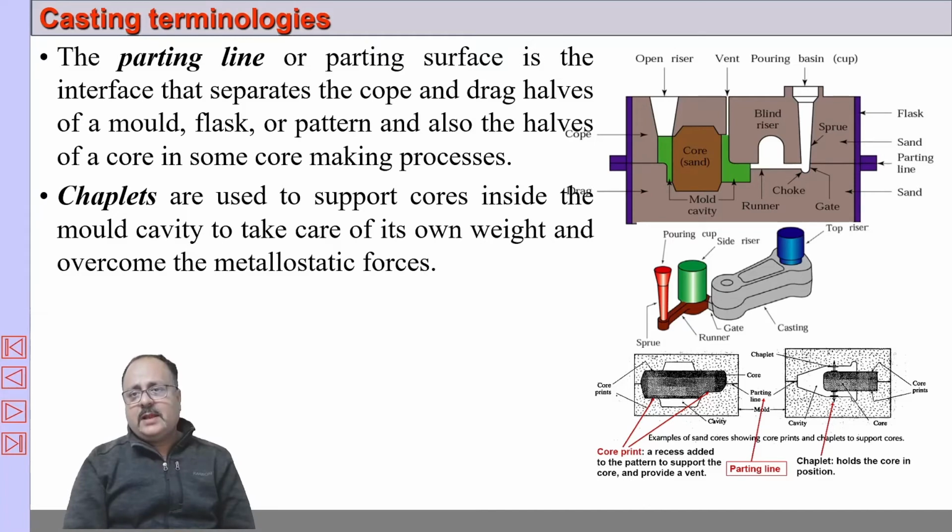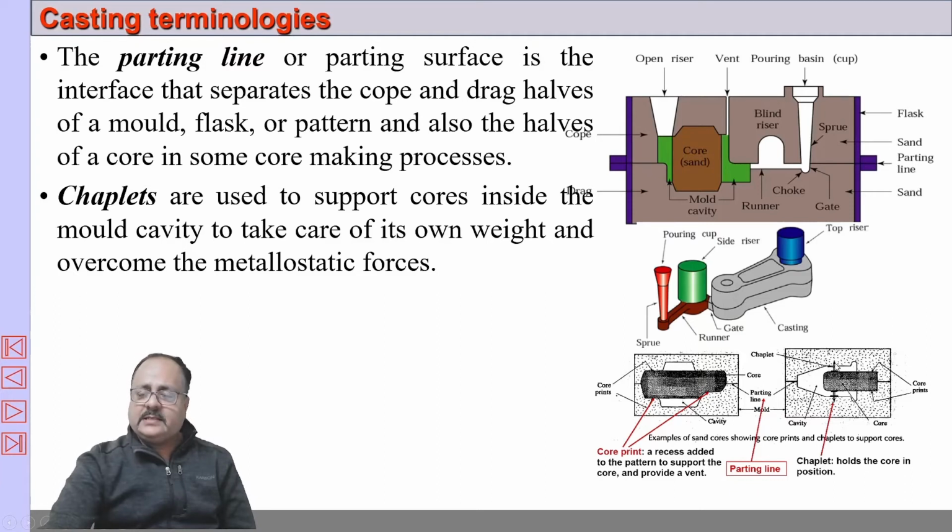Chaplets. Now, sometimes the shape of the core is such that it has to be supported from the other side, not by core prints, by chaplets. Now here, see, it is dangling here, and this is supported from one side like a cantilever. Now under the metallostatic pressure or liquid metal pressure, it may change its position. That we don't want. Therefore, you have to support it properly.